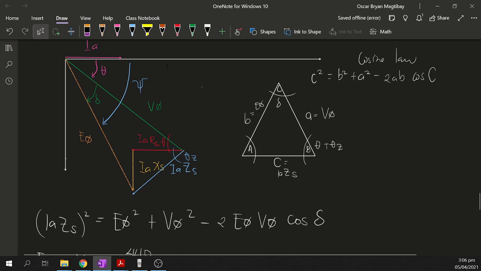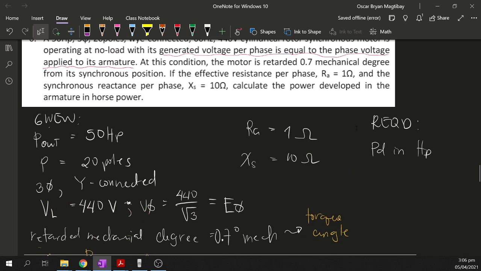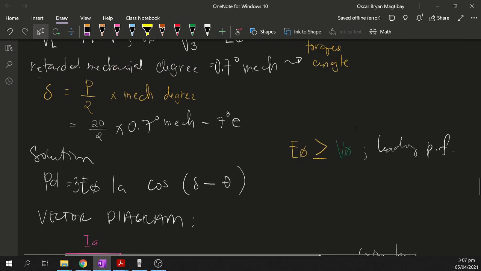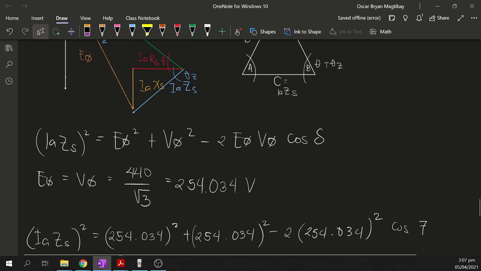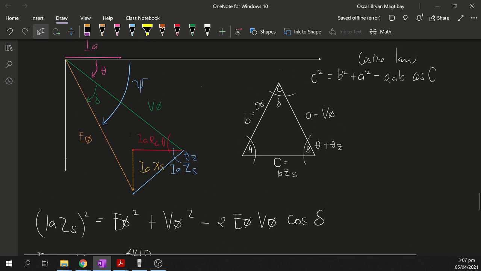Ngayon, sa ano bang kailangan natin? Power developed. So, IA, given na. Ngayon, paano natin makukuha pala si theta? Kasi ito, ano? Sigma minus theta. So, paano natin makukuha si theta?